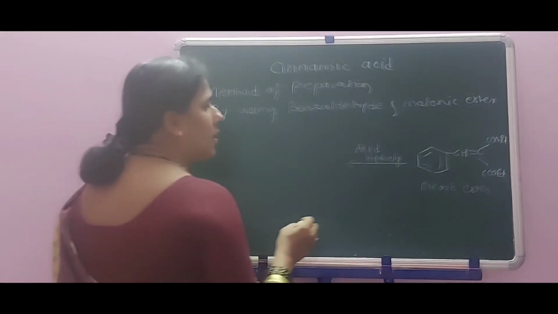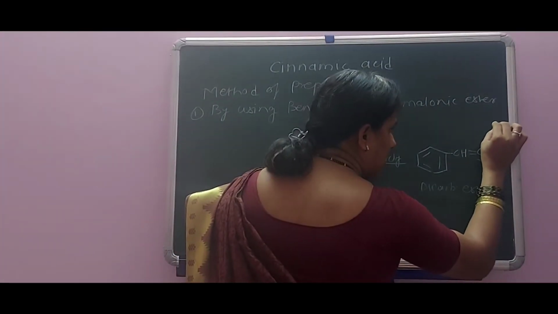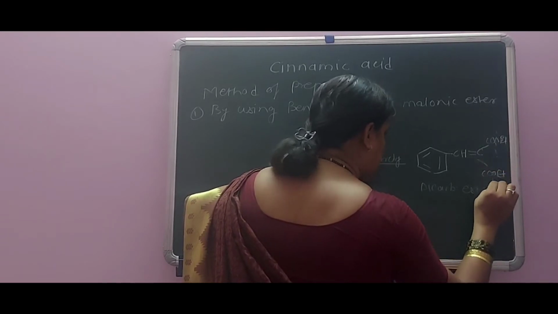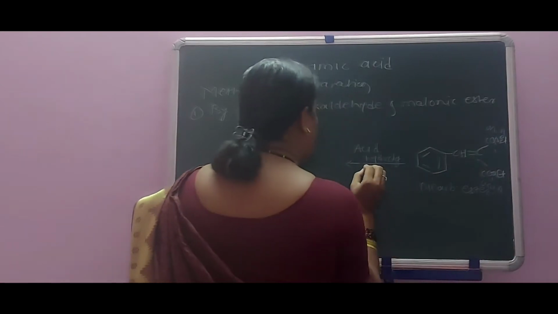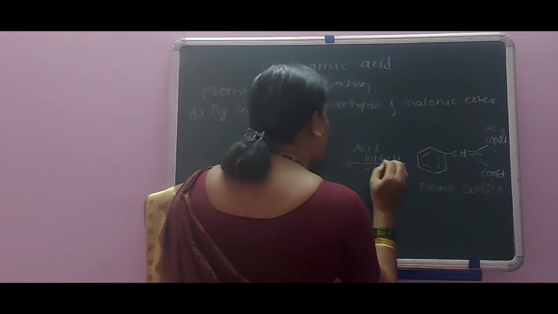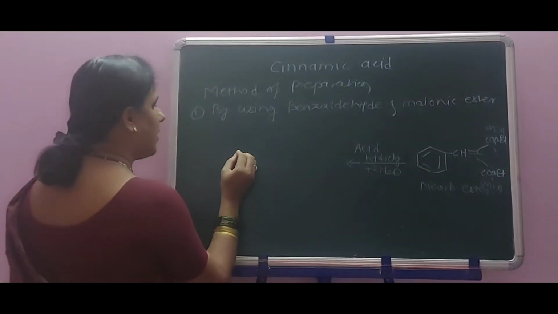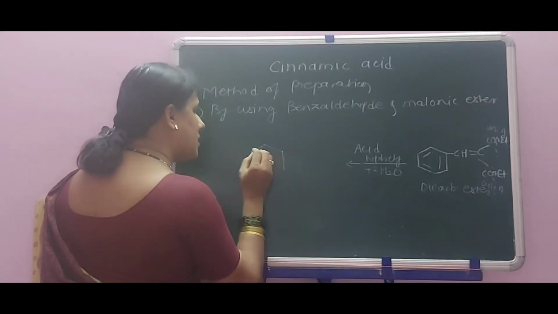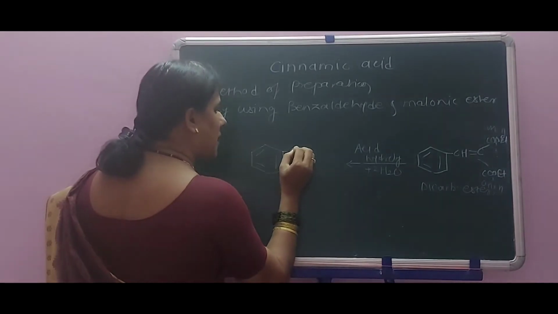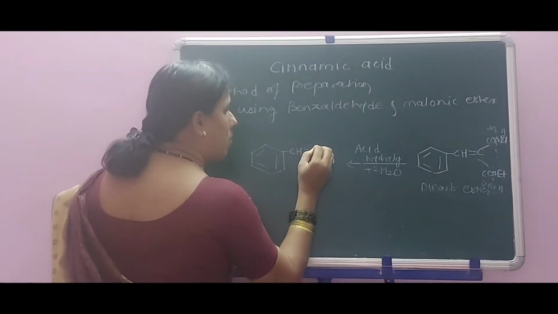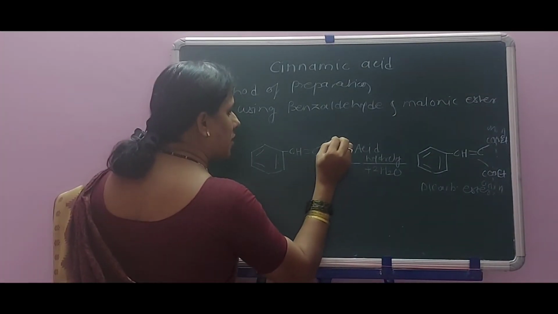Here acid hydrolysis means this bond is broken, this one breaks, with OH, H, OH, H, plus 2H2O. The formation is the benzene ring with CH double bond C, COOH, COOH.